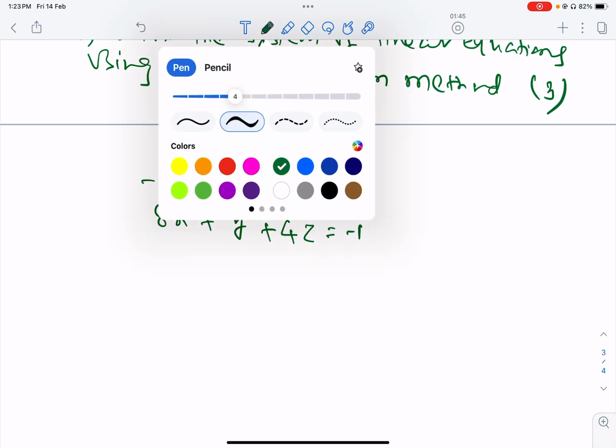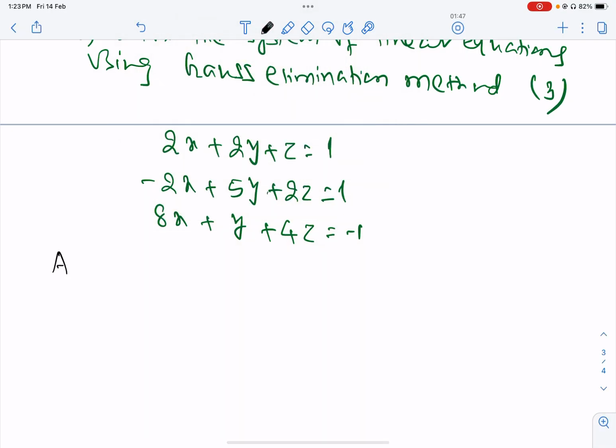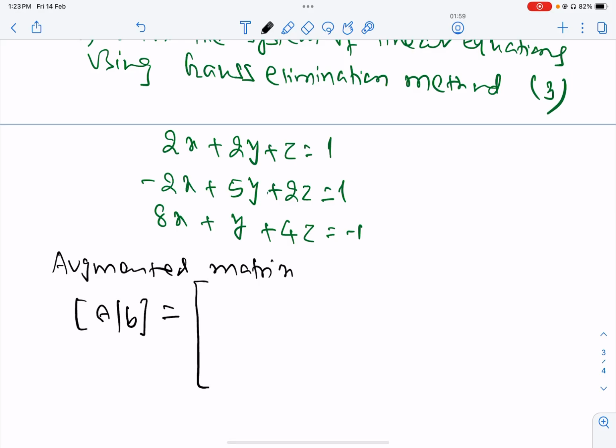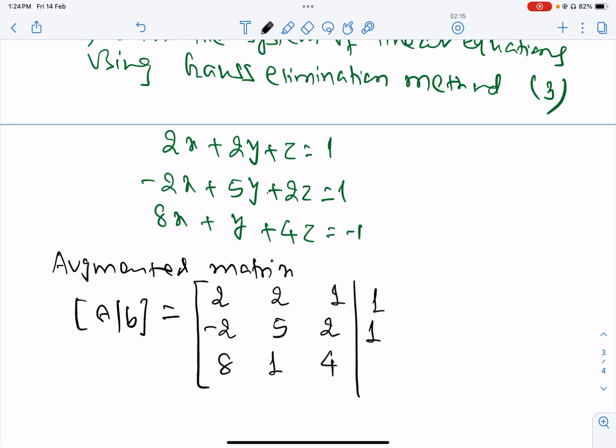So the augmented matrix is equal to 2, 2, 1, 1, minus 2, 5, 2, 1, 8, 1, 4, and minus 1.